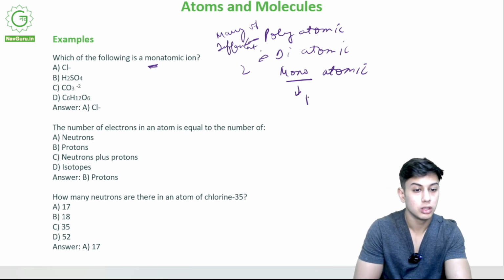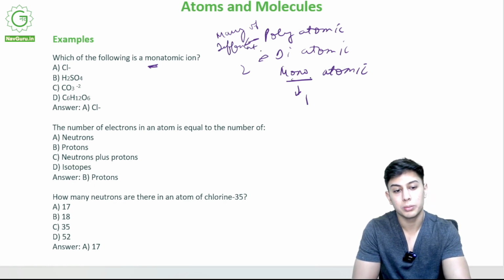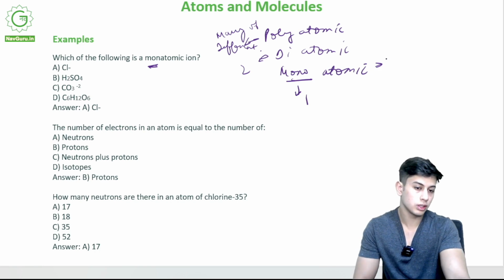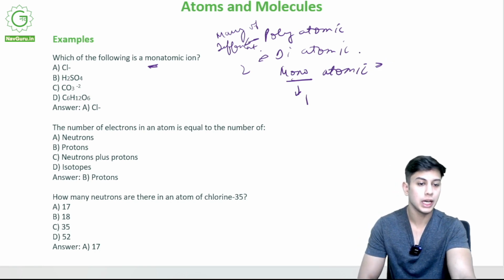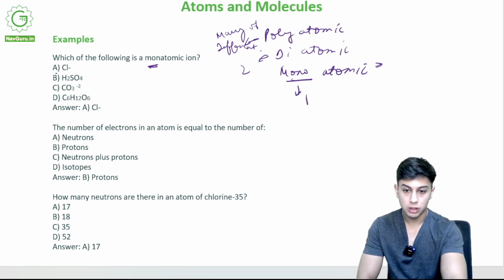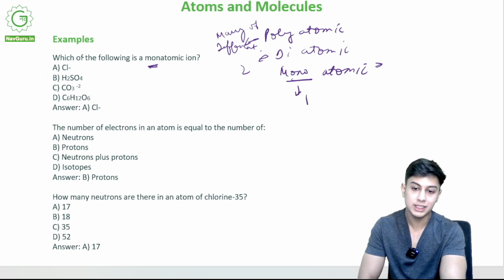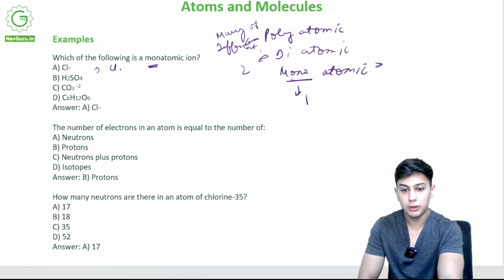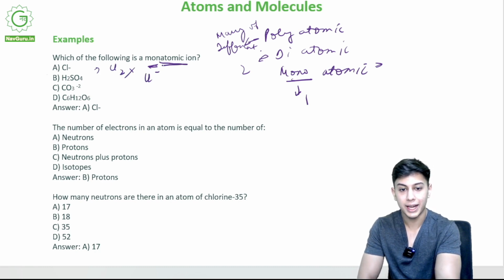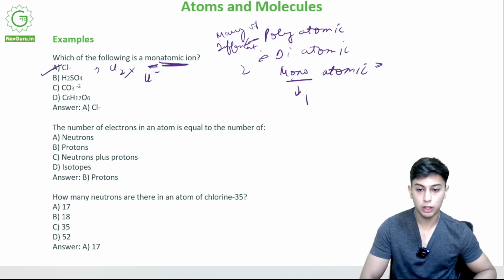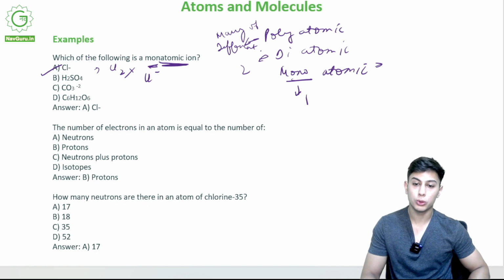So what is monoatomic? Same element. Of course, if it is one, it will have to be the same element. Diatomic also, it will be the same element. So monoatomic is, where can I see over here? Only one atom. This is not Cl2, mind you, this is Cl minus. Monoatomic ion. Chloride ion. Okay, it is monoatomic.